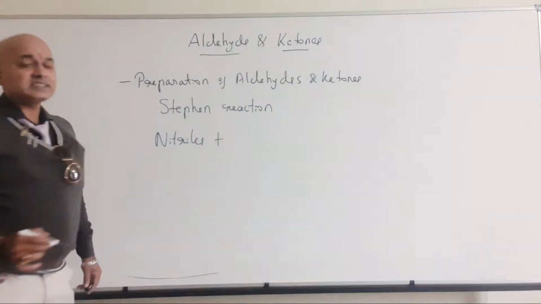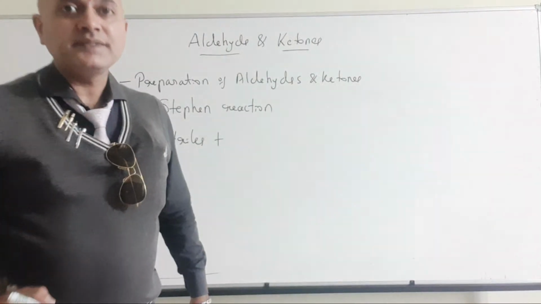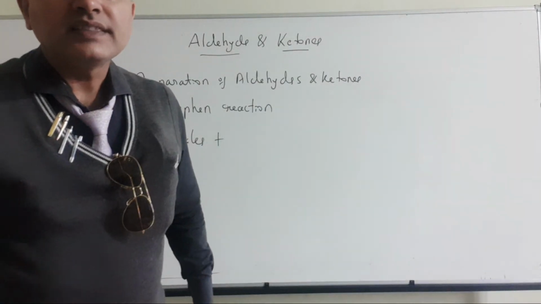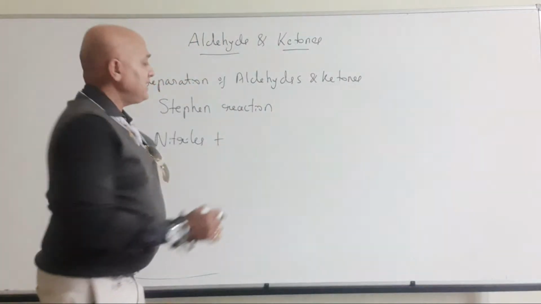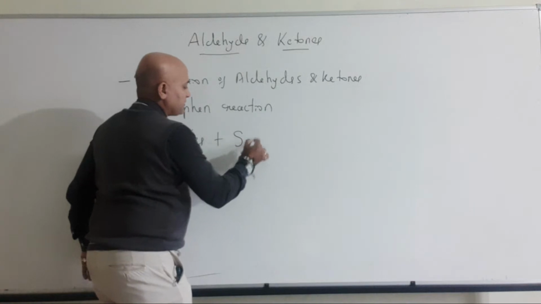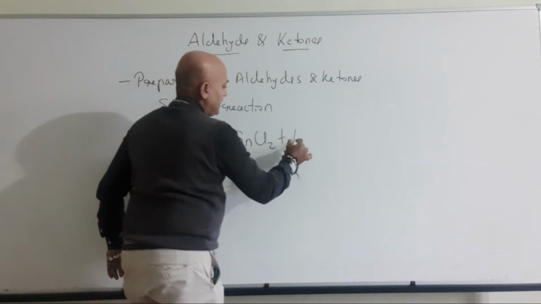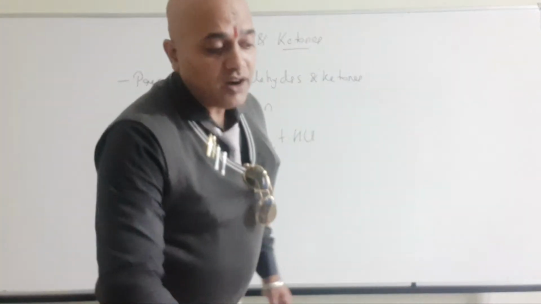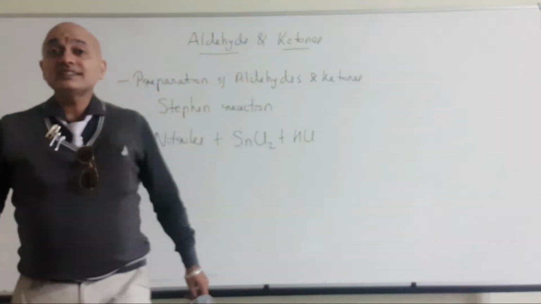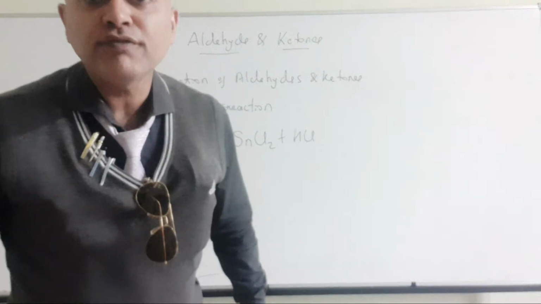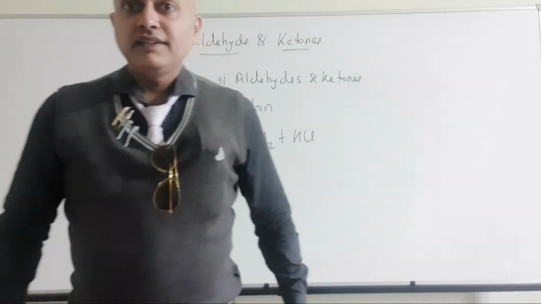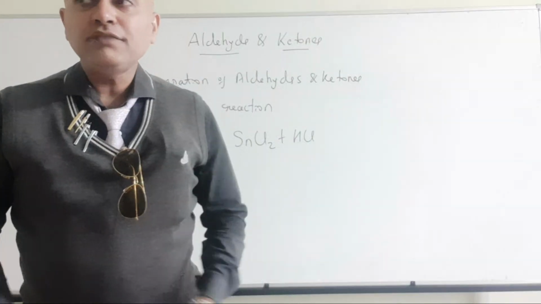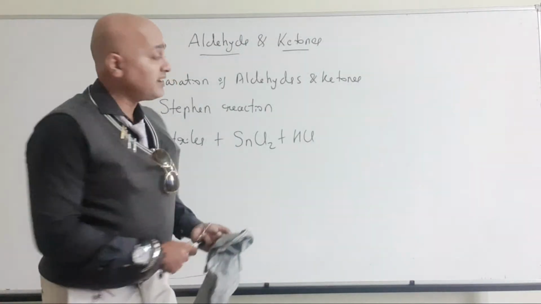Then anything else? A catalyst? That is stannous chloride and HCl. Very good. Stannous chloride and HCl. Right? So under this condition, which is that intermediate which will be formed during the Stephen reaction?